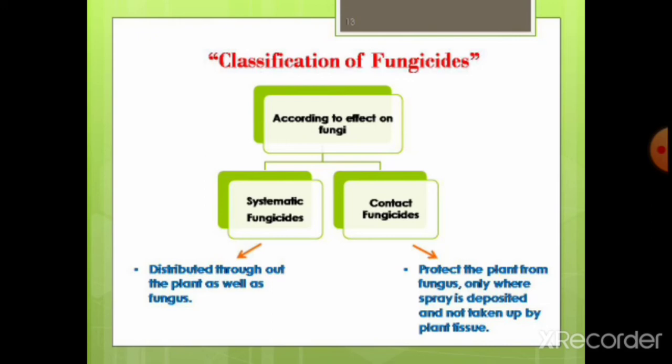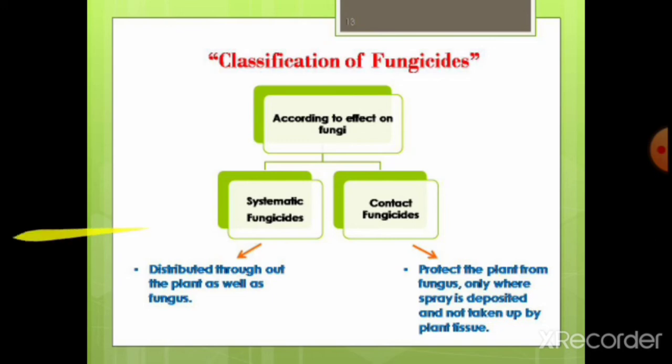Means it not only affects the fungus but also affects the plant. And contact means it only affects the part where that fungicide is sprayed, that is, it protects the plant from fungus where the spray is deposited and it is not taken up by the plant tissue.